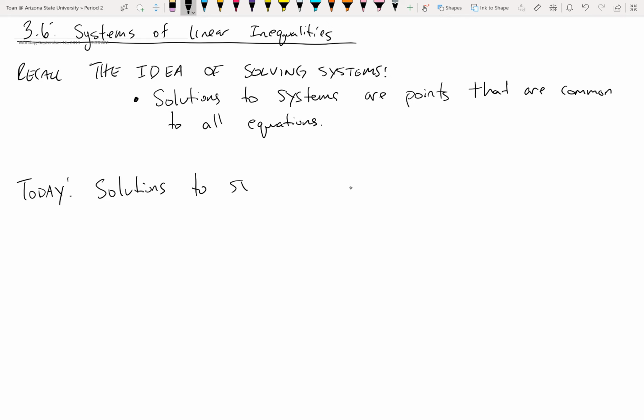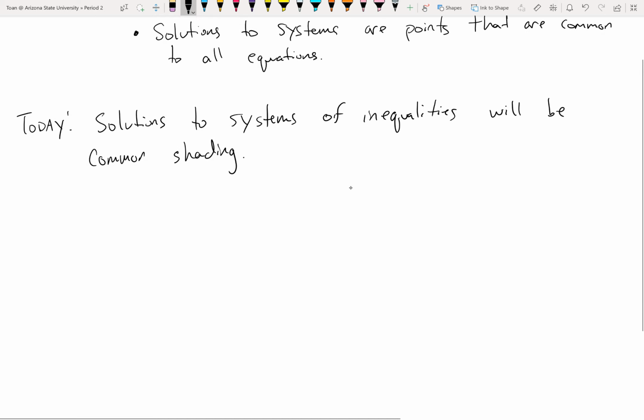Solutions to systems of inequalities will be common shading. What does that mean, common shading? A picture's worth 1,000 words. I think if we do an example, it'll make crystal clear sense.